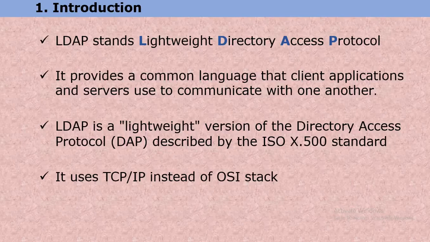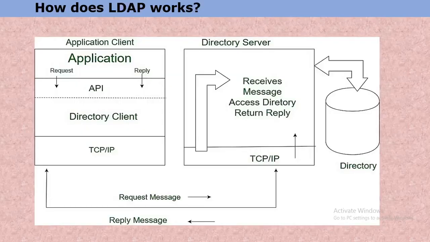LDAP uses an open directory access protocol running over TCP/IP and a simplified encoding method. It uses TCP/IP instead of the OSI stack. This diagram very simply shows how LDAP works.